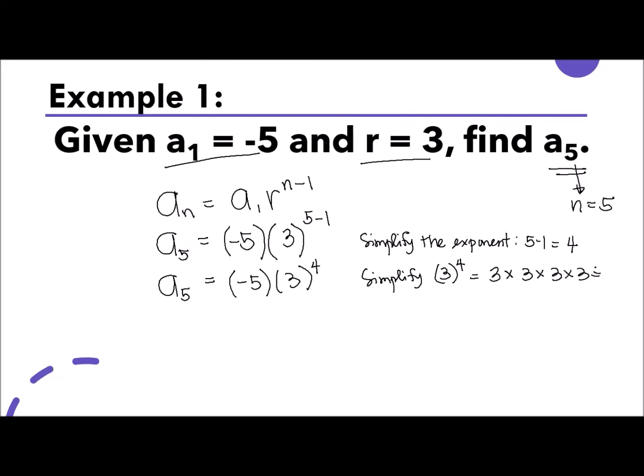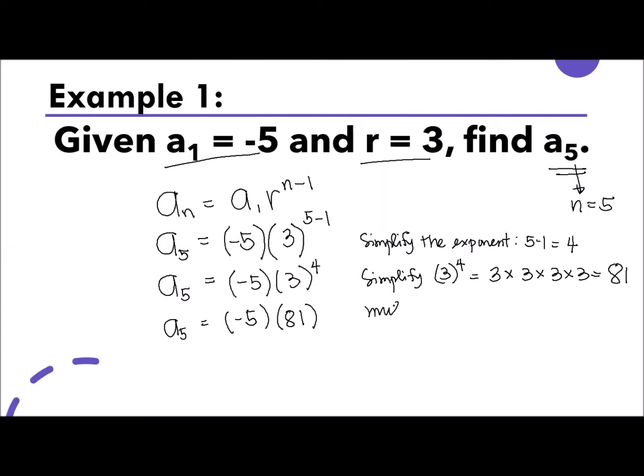Or simply use a calculator. So, you need to type in 3 raised to 4. So, the answer there is 81. Okay? So, kung imamano-mano, 3 times 3 is 9, 9 times 3 is 27, times 3 is 81.